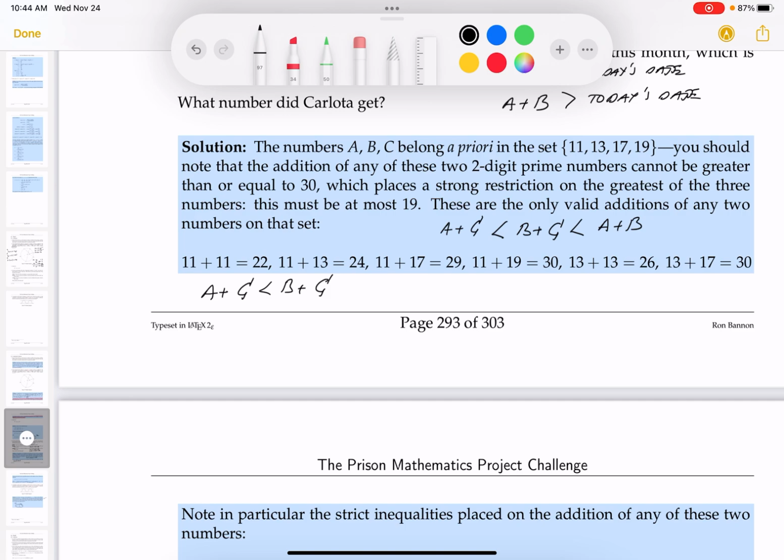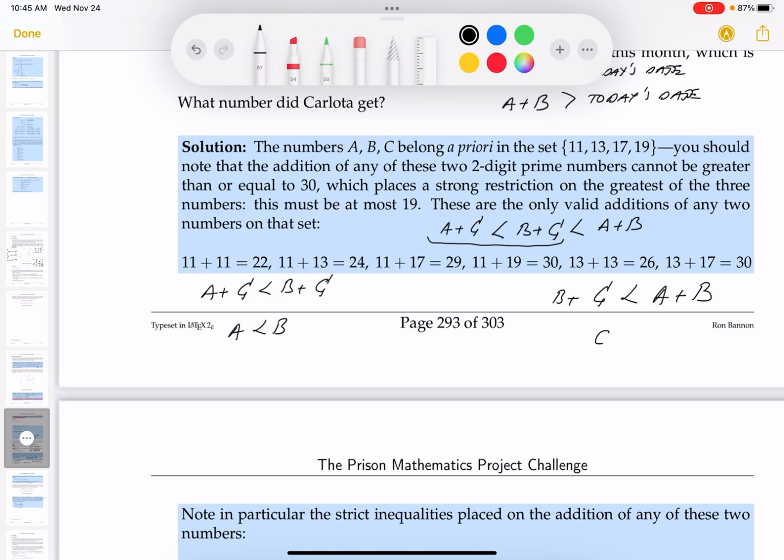So what is that saying? It's saying A is less than B. Now, I just did this part, and let me do the other one. It's going to be B plus C is less than A plus B, right? So what does that say?